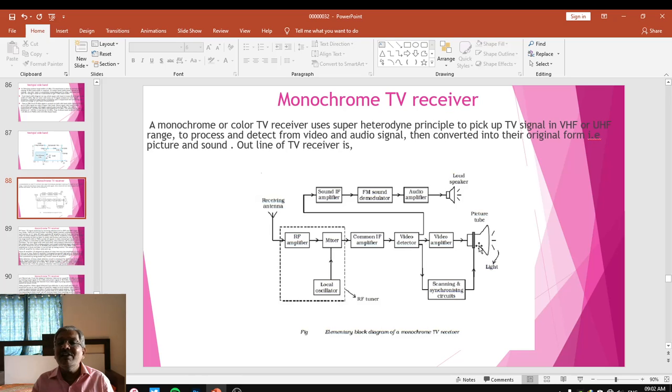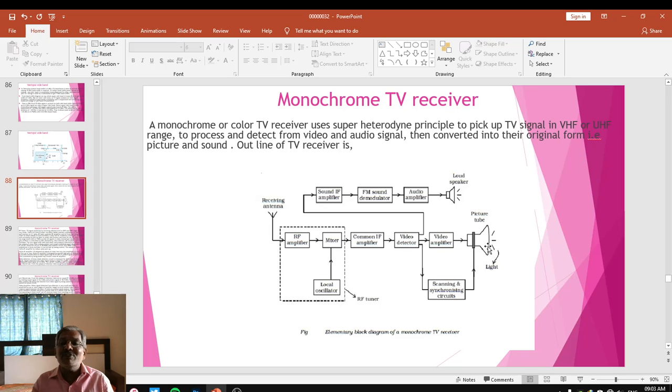One is the odd field, that is 312.5 lines. Another one is the even field. Both are interlaced with each other, and on the television screen the picture raster is generated, which is the same as the scene or event snapped by the camera, reproduced on the television screen.